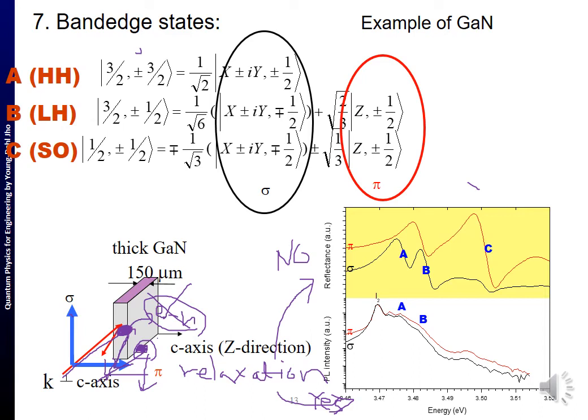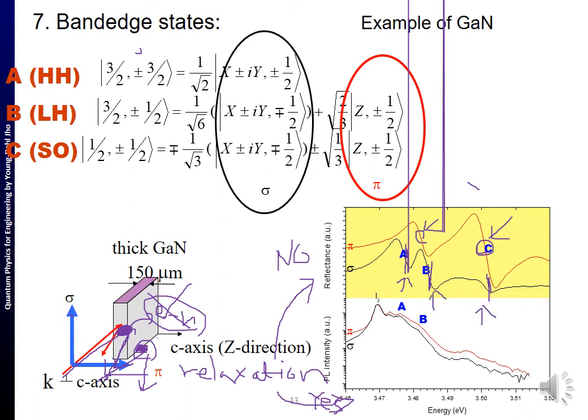Please note that at this point you have resonance, this point you have resonance, here you have resonance, here you have resonance. 2 resonances and 3 resonances, 1, 2, 3. So with different polarization you will see different features because of the different linear polarization.